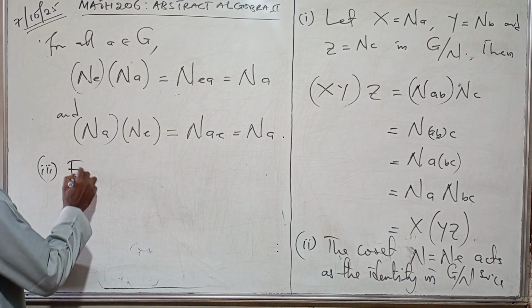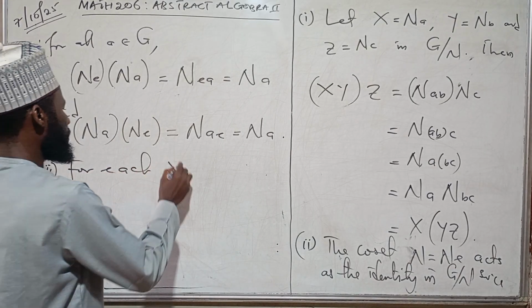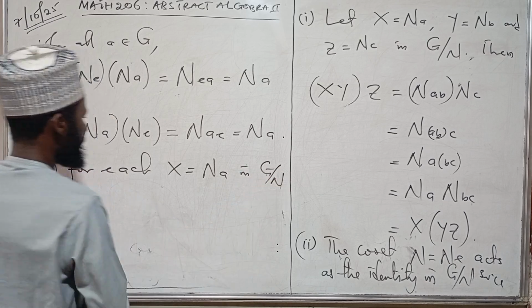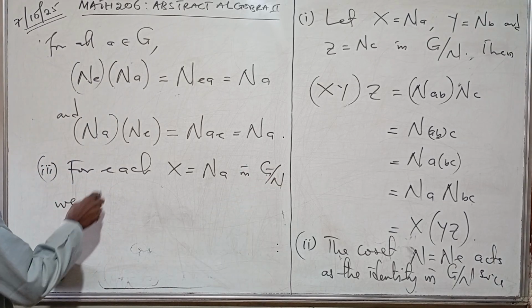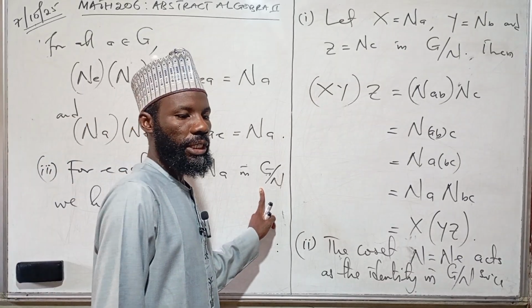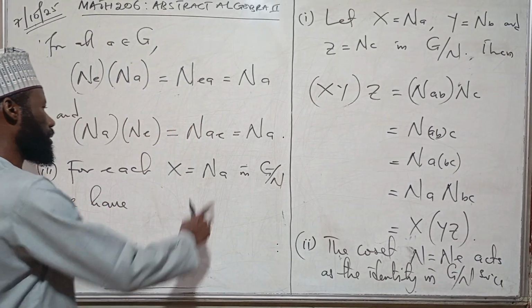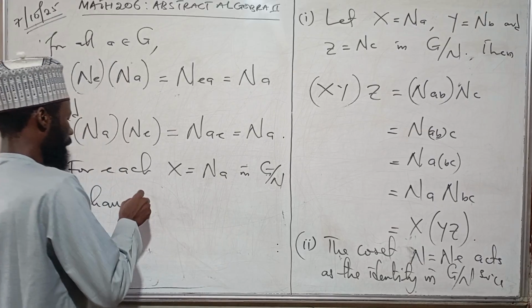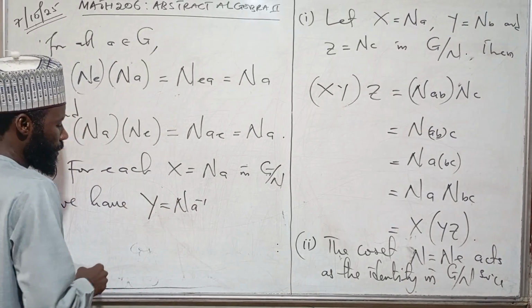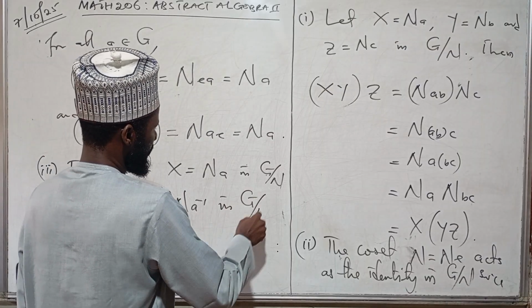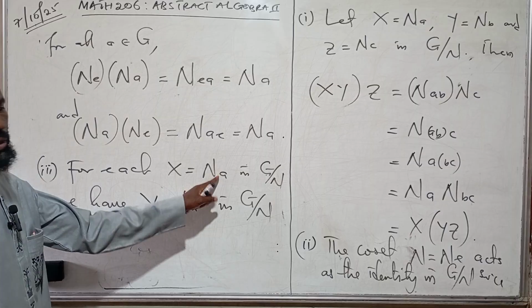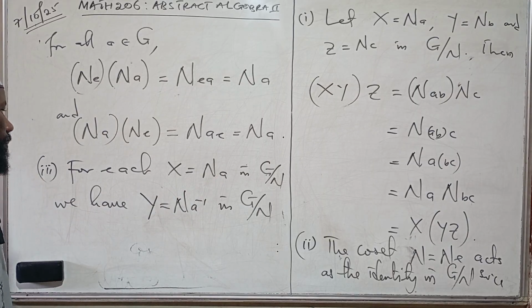So for each x equal to Na in G by N, because this consists of all right cosets, corresponding to every Na there is this y, which is Na inverse in G by N, because it is also a coset generated by the inverse of the generator of this particular coset x.